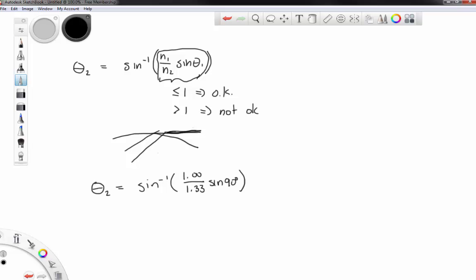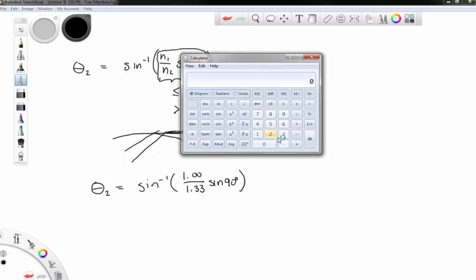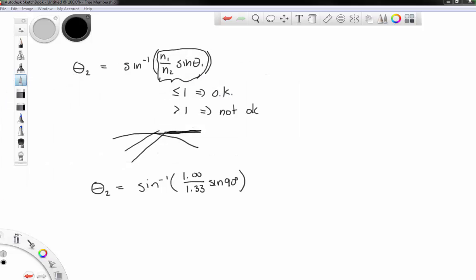So let's pull up our calculator again because we need to do this calculation. So 1 times the sine of 90 degrees, which is 1, and now that's got to be divided by 1.33. So we get this number here, that's what's going inside of this inverse sine, so now we've got to do an inverse sine, and the answer is 48.76.